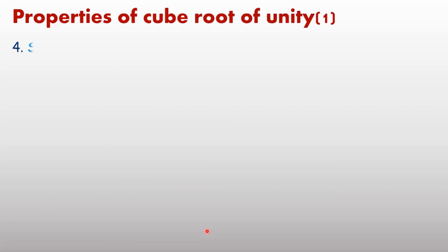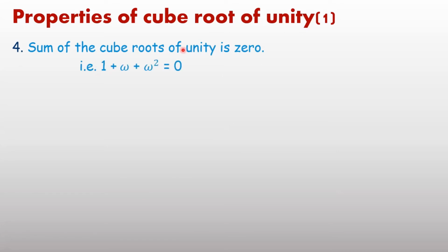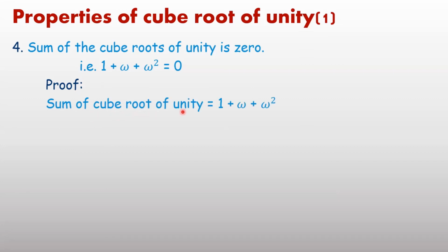And the fourth property of cube roots: sum of cube roots of unity is 0. That is, 1 plus omega plus omega square equal to 0. You can also verify or prove it. That's very easy. Put the value of omega as minus 1 plus i root 3 upon 2, then omega square will be minus 1 minus i root 3 upon 2.